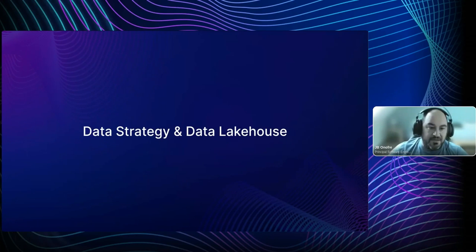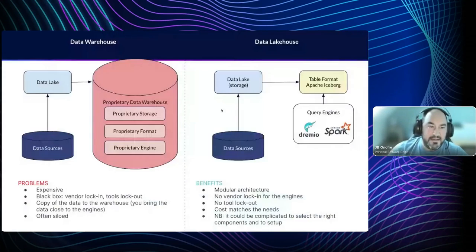So first, when we talk about data strategy and data lakehouse, we can split the ecosystem into two main areas. The first area is about data warehouses, I would say the classic topology we know. So we have a proprietary engine, proprietary format, proprietary storage.